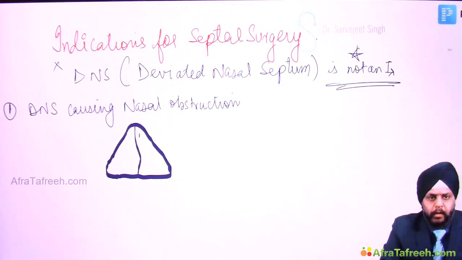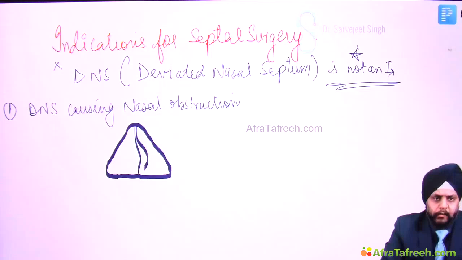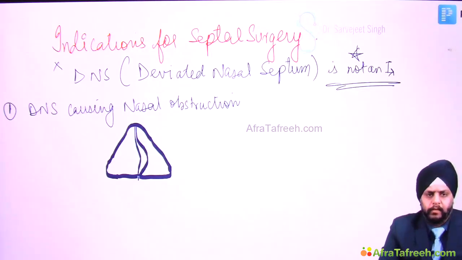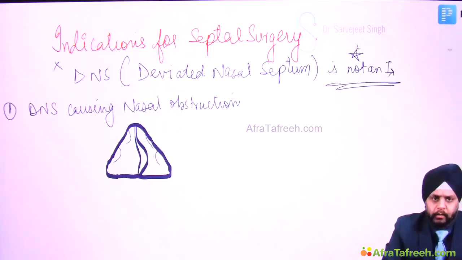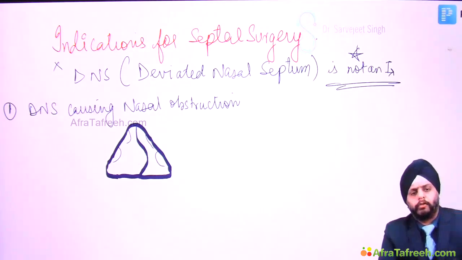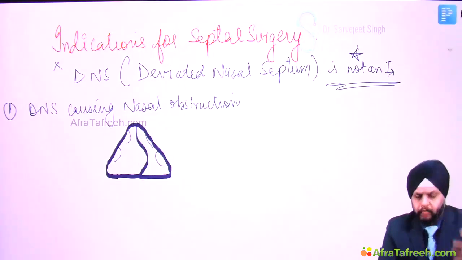Or maybe we have a DNS like this. Is this a cause for surgery? Will it be an indication for surgery? The answer is no. Why? Because such a type of deviation is not causing any problem to the patient.